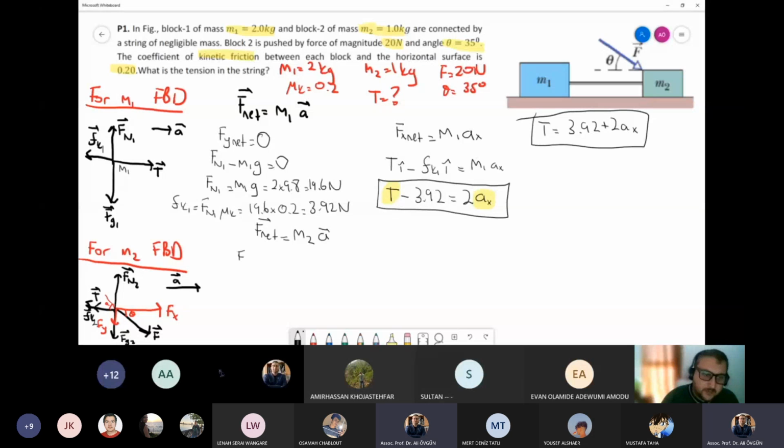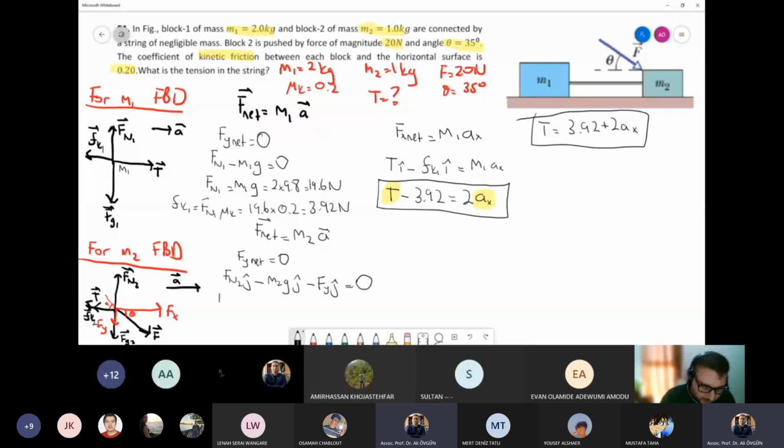First the y direction. Fy net equals 0, because this one is also not flying. So what are the forces? F N2 j hat minus M2 g j hat, but there's also the external force F with its y component, minus Fy j hat, equal to 0.